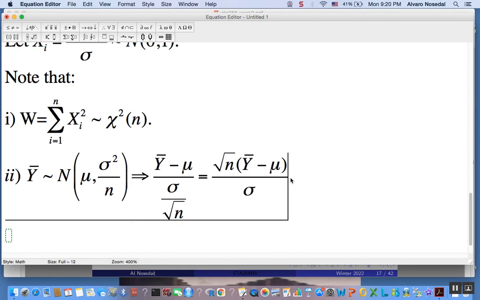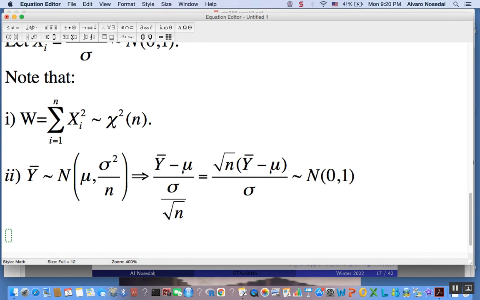You guys agree that this is equivalent? I just did a little bit of algebra. So the point is, clearly we just standardized y bar, so the distribution of that quantity is a normal 0, 1.